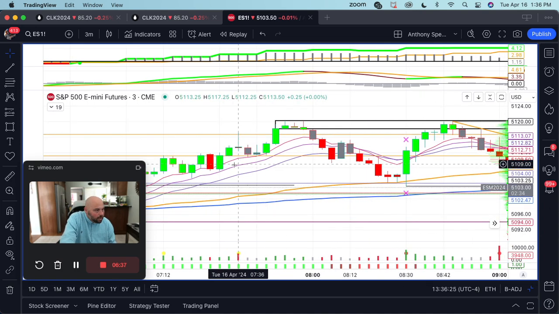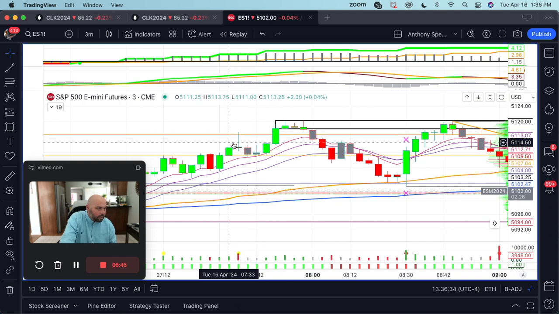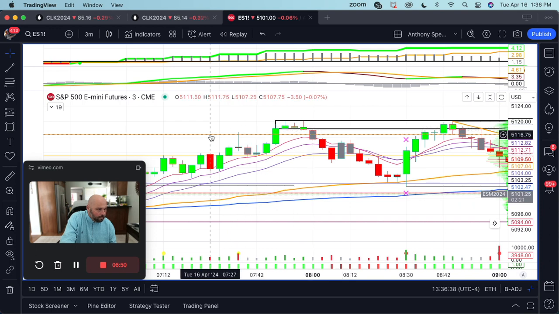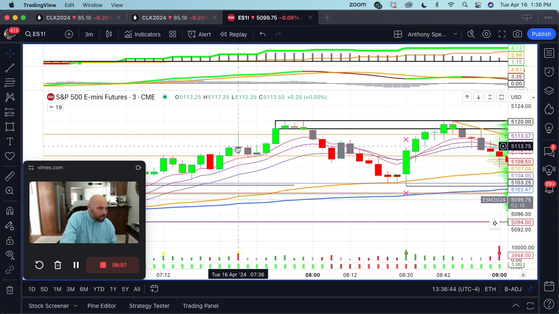So I notice that there's an extraordinary presence of sellers here, right? So if sellers got short here, where do you think their stops were placed? Right there. Okay? So what do you think the market did? Huge selling, right?